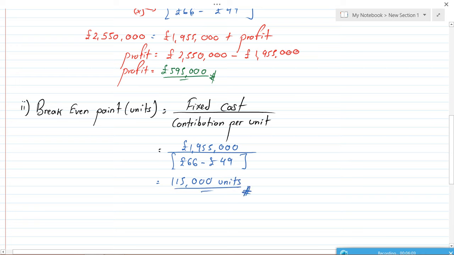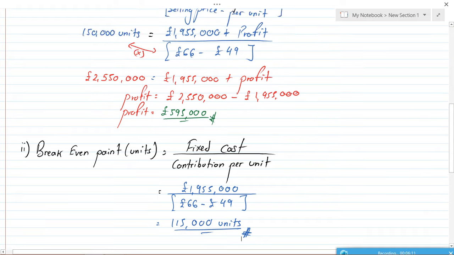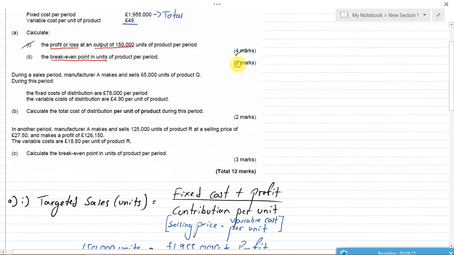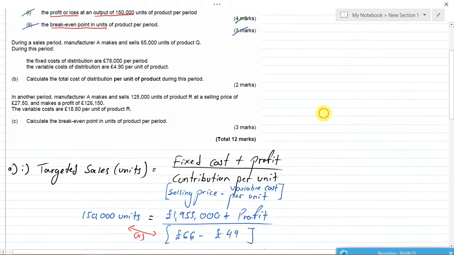So that's your break-even point in units, yeah. So we are done with this. Then you will get 3 marks for this. A number 2 done. Next, part B.